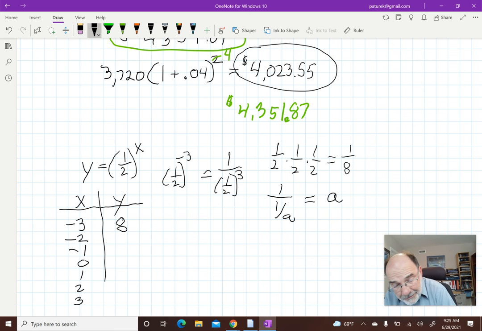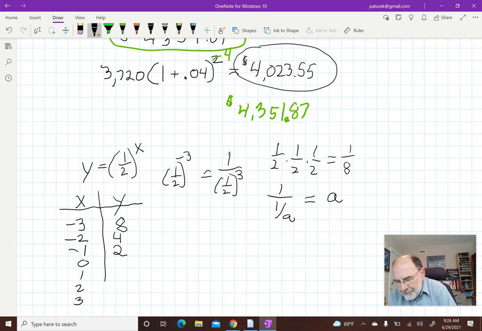When x is equal to -2, it's going to be 1 over 1/4, which is 4. When x is equal to -1, it's going to be 1 over 1/2. 1 divided by 1/2 is 2. I thought I would make that a warm-up question today for you.